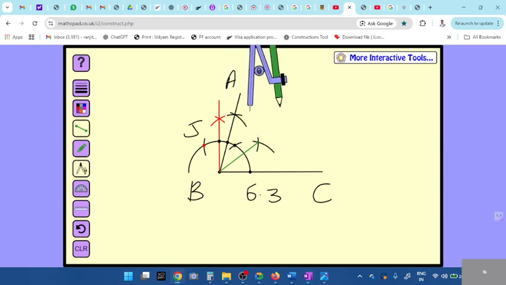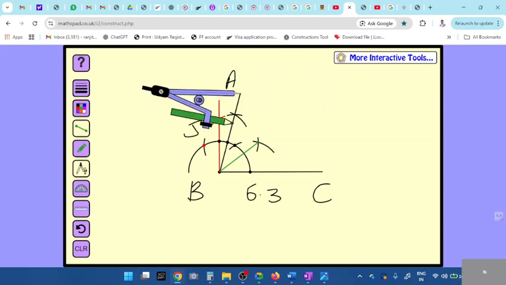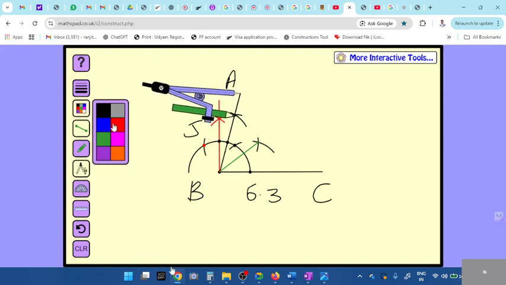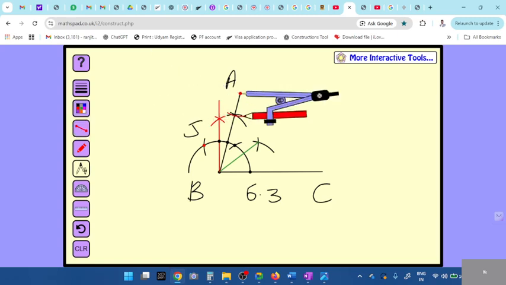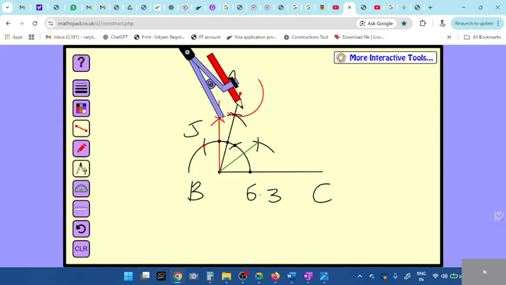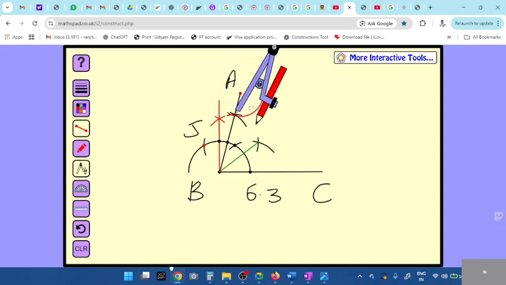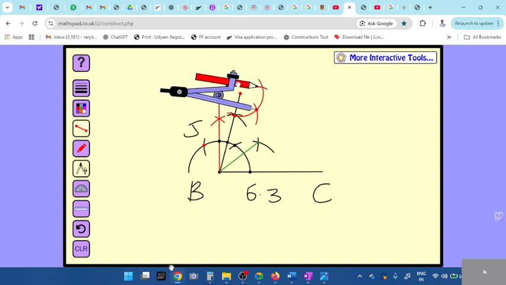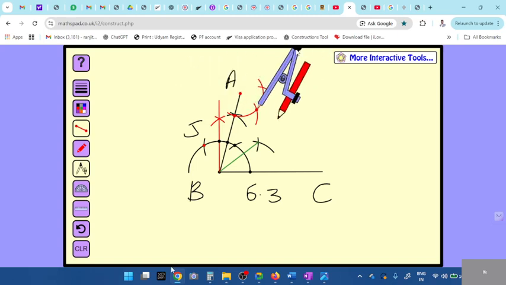Let us construct 90 degrees at A. So take a certain distance and we'll construct 90 degrees here at A. Then from this point you get 60 degrees, and from here you get 120, and in between these two you get 90 degrees here.